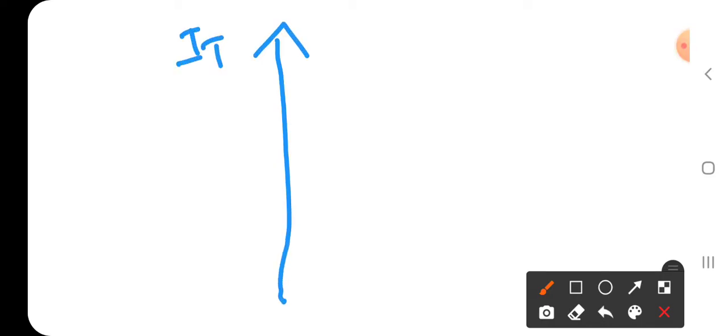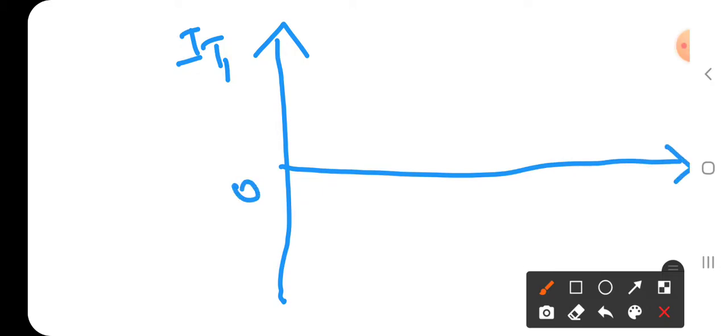Sorry, I will draw again. This is the current flowing through IT1, with 0, pi, 2 pi, 3 pi and so on.